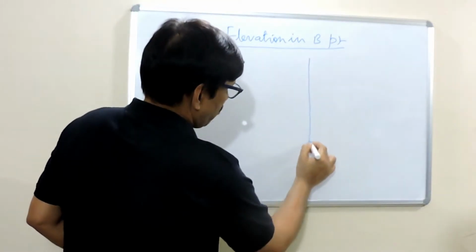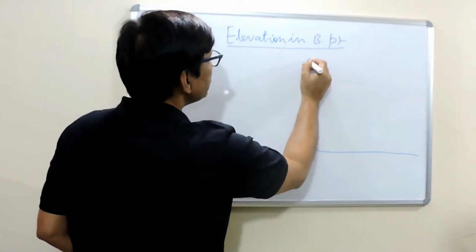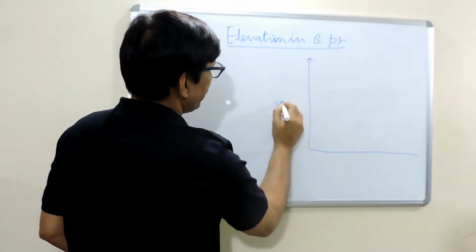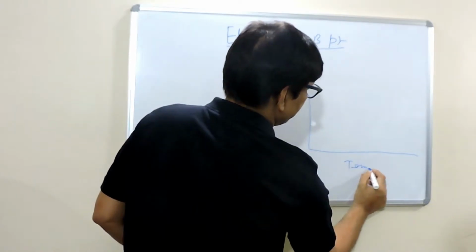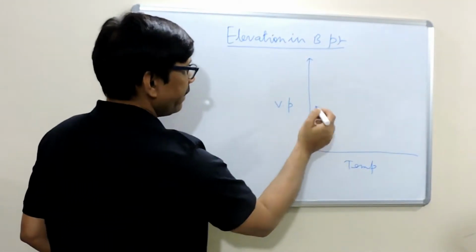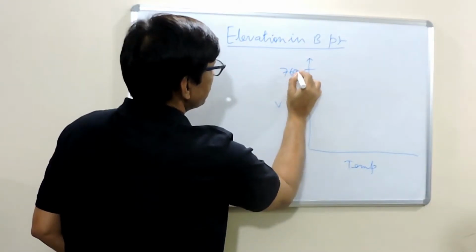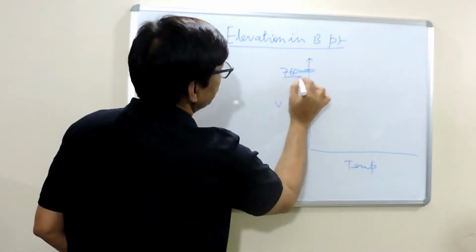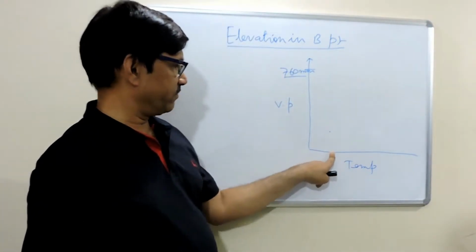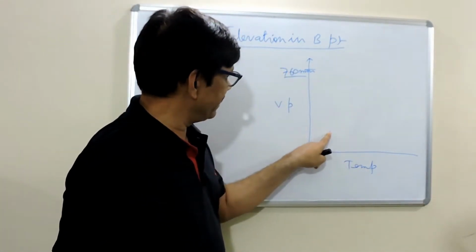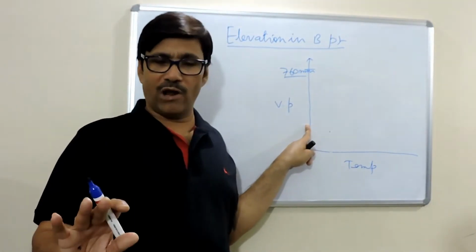Now if we plot the vapor pressure curve, say in this direction we take vapor pressure and here we take temperature, and say pressure is here 760 mm of Hg. And say we have a liquid at this temperature, say 25 degrees Celsius. Definitely at 25 degrees Celsius, its vapor pressure is much lower than 760, so it will not boil.